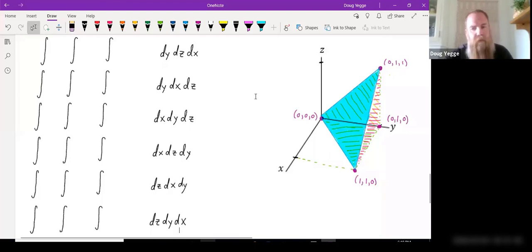Well, I'm going to take you through the different ways to approach writing all 6 iterations of this triple integral. We know that whenever we're writing out our triple integral, this last variable will always be constant.